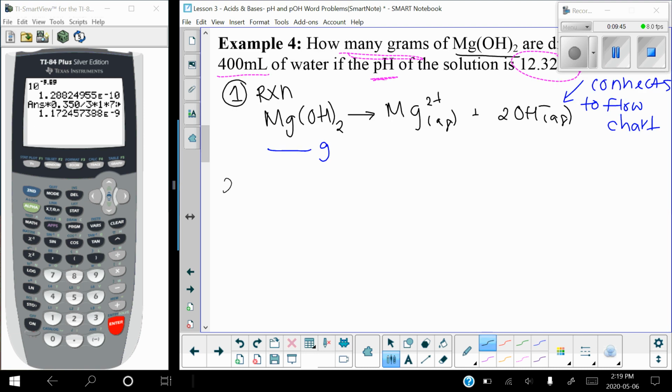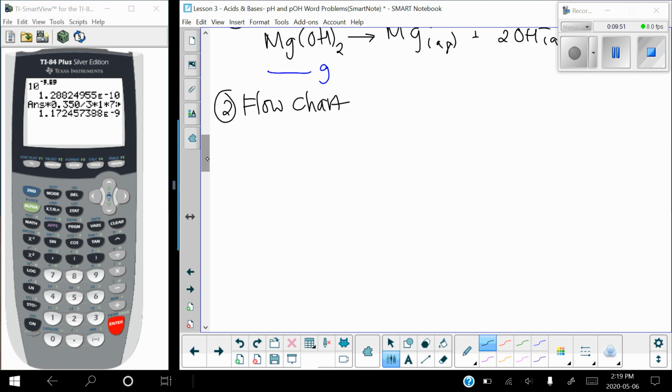So step 2, the flow chart. We have been given pH, and we need to get all the way over to hydroxide. So I'm going to go down. We're going to have to find pOH first, and then we're going to find hydroxide.